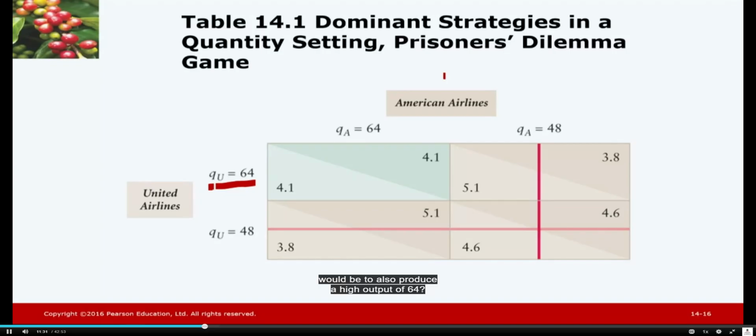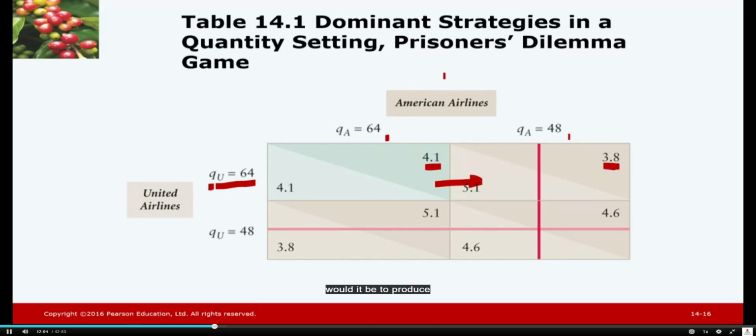Would it be to also produce a high output of 64, or to produce a low output of 48? What we need to compare are the values in the top right-hand corner, the profit. You can put your hand over the bottom row of the table and say, given that United is producing a high output, what would our best response be?